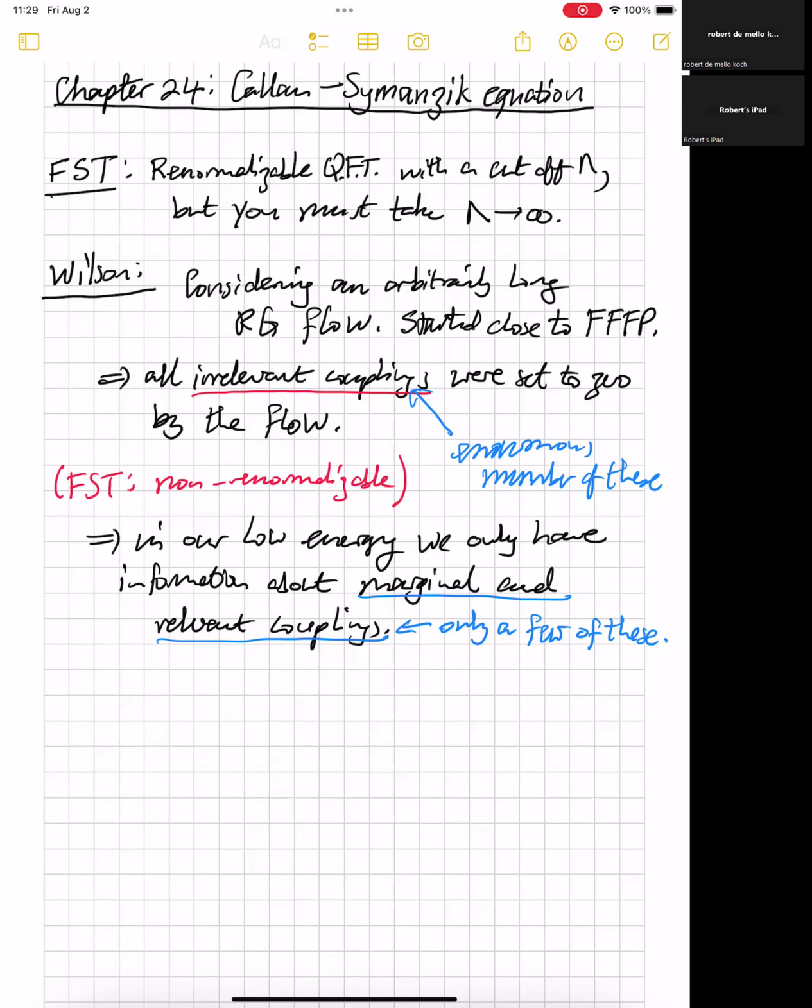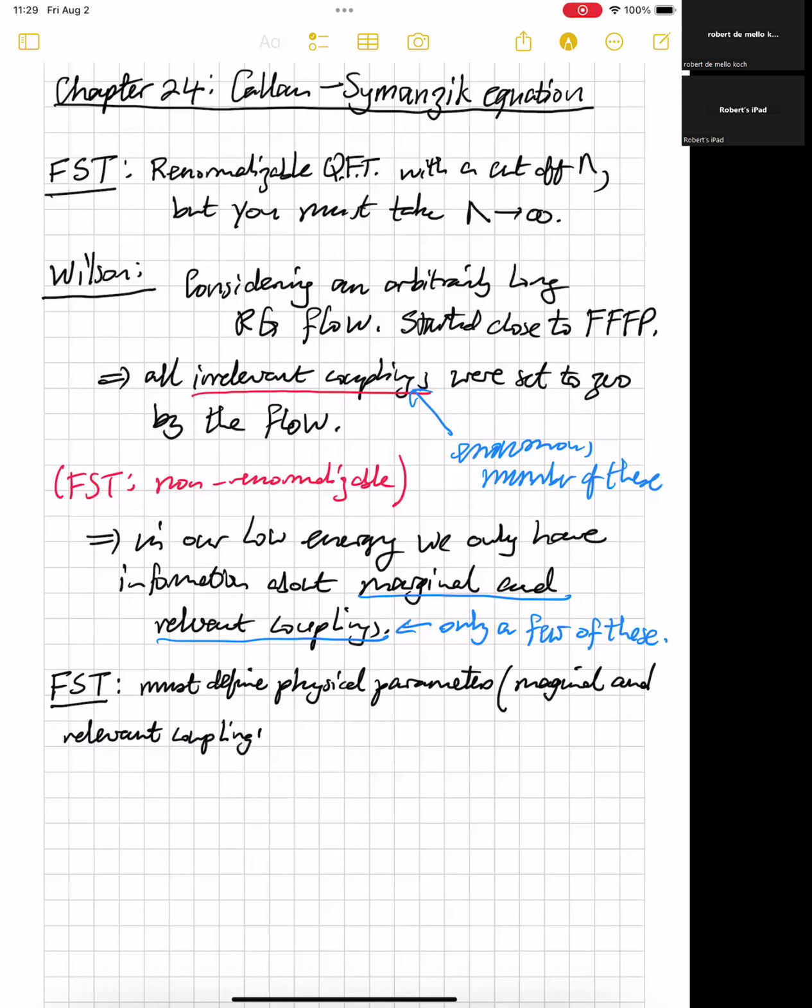So what you should remember is that in the Feynman-Schwinger-Tomonaga way of thinking, you must define all physical parameters. And remember, if you ask Wilson what are these physical parameters, he would say that they are the set of marginal and relevant couplings.